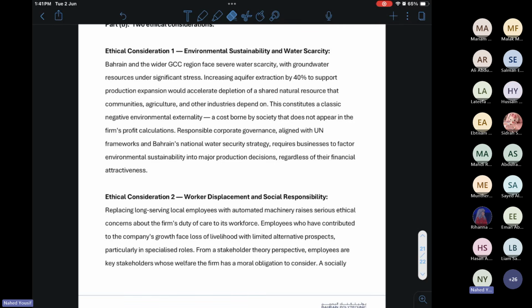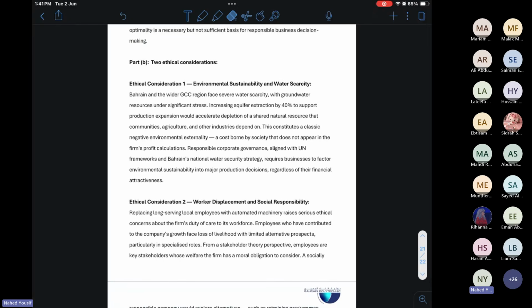Is it clear for all of you? You have the model answers there also. You can practice them. Here we gave you water, and maybe in the exam they will give you another resource that will be harmed. So depending on that, you have to think about the impact on the environmental and the social parts. Not just saying that there is an impact, as you did in the midterm.